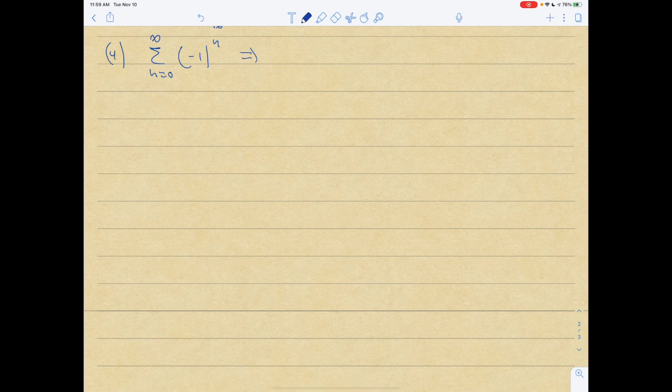Well, let's look at the sequence of partial sums. S0 is minus 1 to the 0, that is 1. S1 is going to be minus 1 to the 0 plus minus 1 to the 1. So that's 1 minus 1, 0.